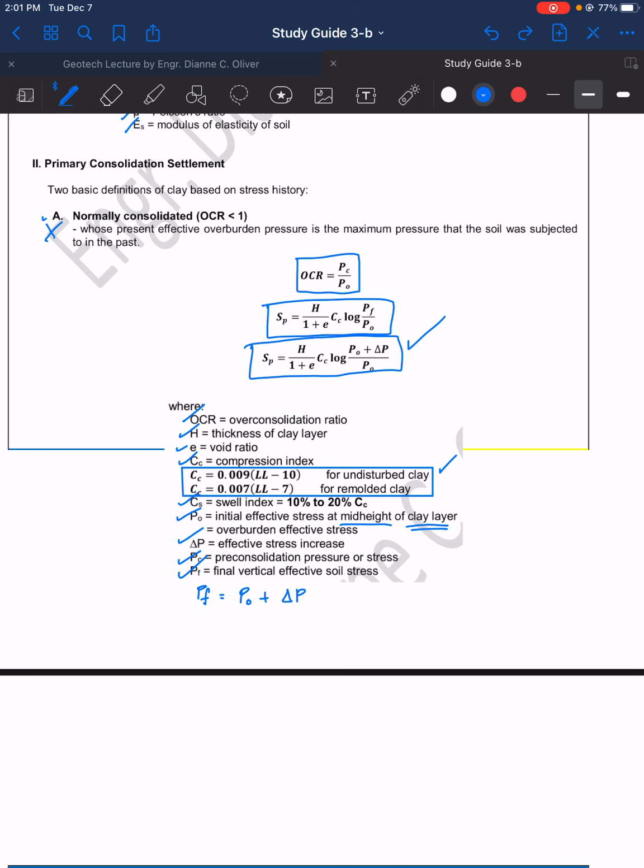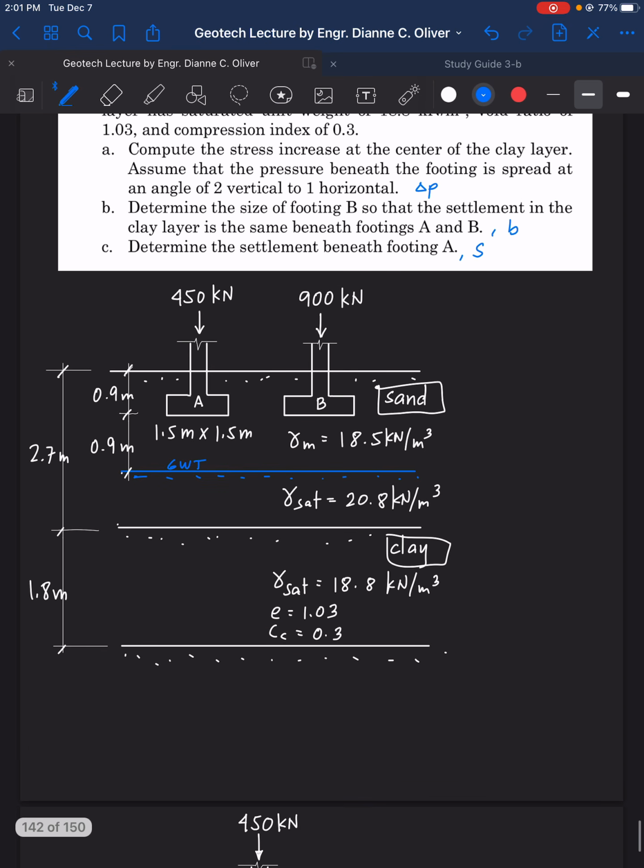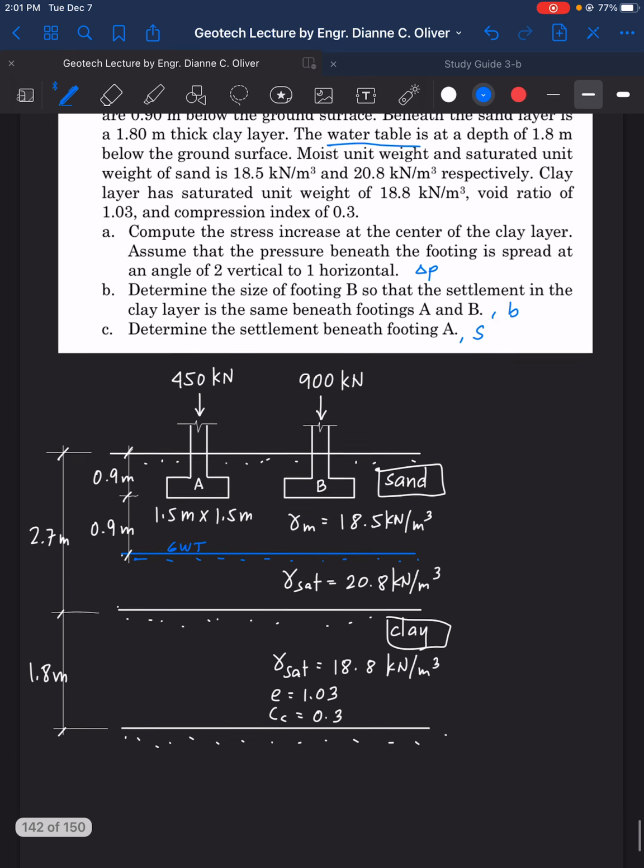Okay? So this is the formula that we're going to use. Right? So now that we have the direction, let's start to compute.